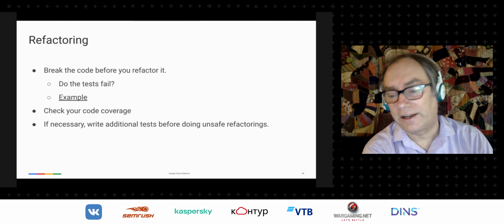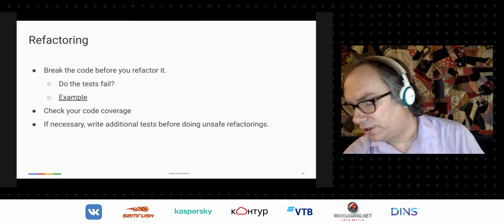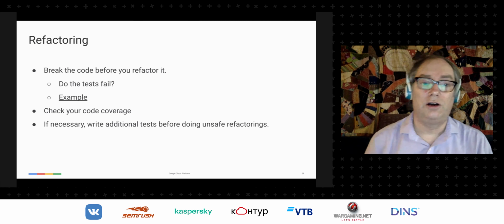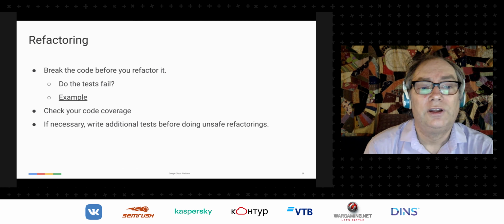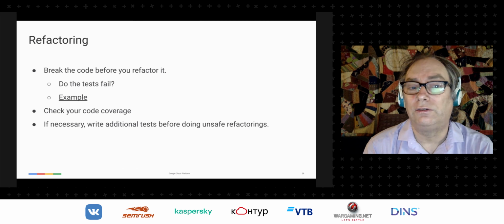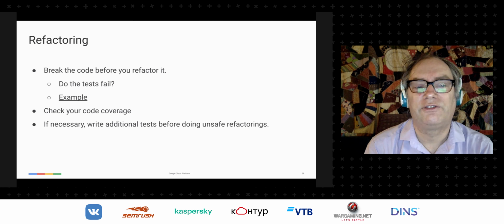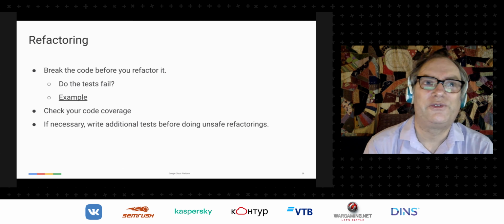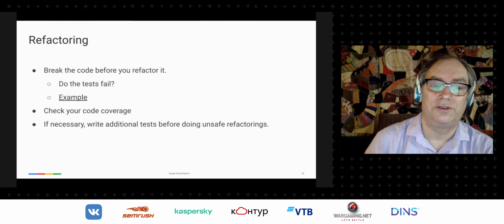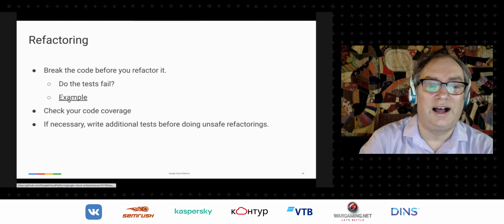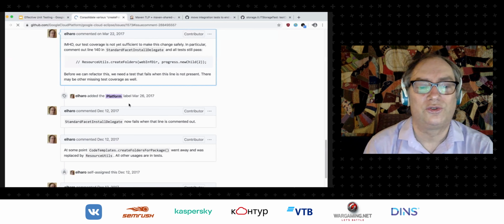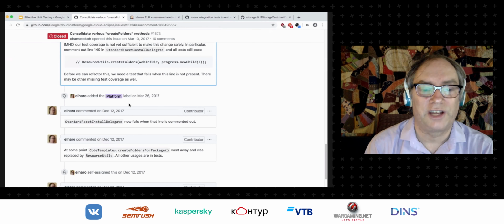Same story for refactoring. If you want to change the code, ask yourself, do the tests fail? Break the code. Make sure that you have sufficient test coverage, because refactoring, even if it isn't supposed to, can break code. Here's an example. This is from Cloud Tools for Eclipse a couple of years ago.